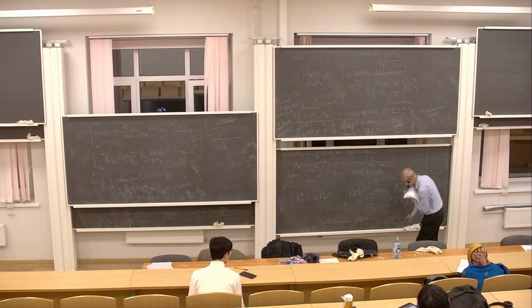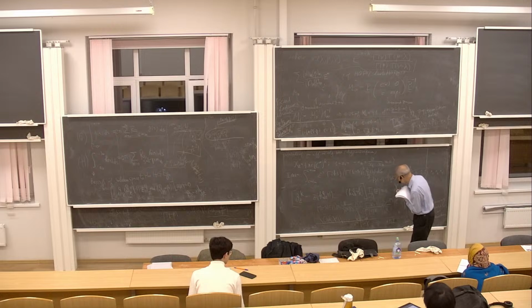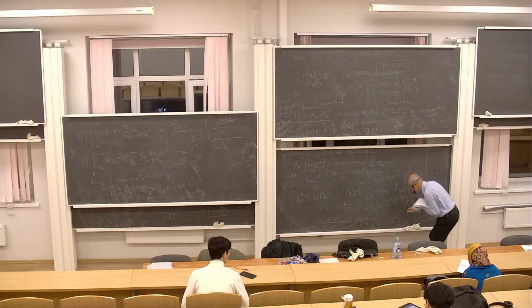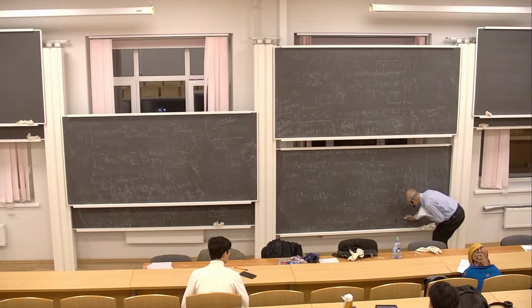So for example, this integral, yeah, maybe I need to leave one. Somehow I want to get k, yeah, m factorial times k m factorial.